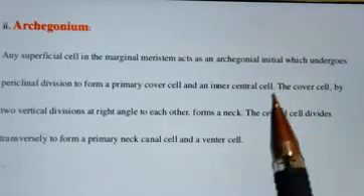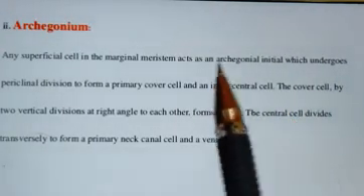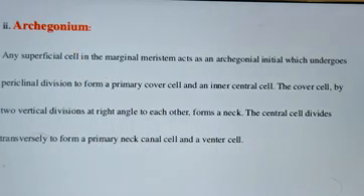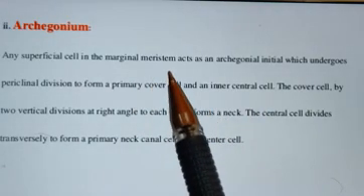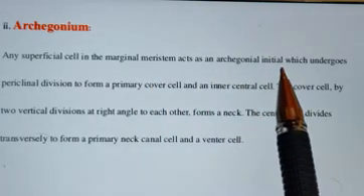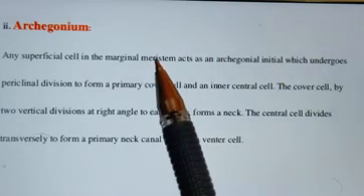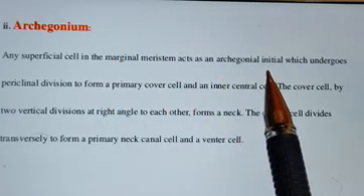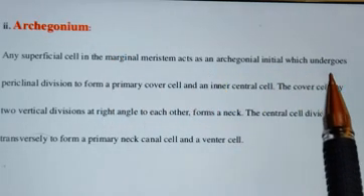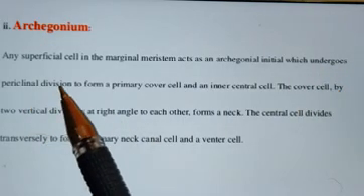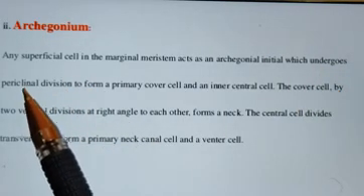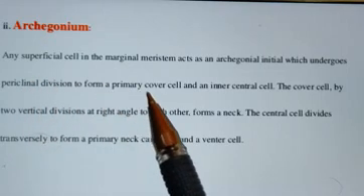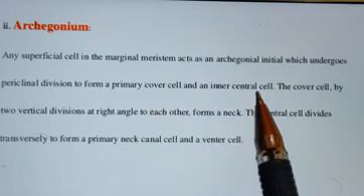Okay, archegonia. A superficial cell in the marginal meristem acts as the archegonial initial, and here also a single superficial cell is responsible for production of the archegonium. The initial undergoes periclinal division, and periclinal and anticlinal you can understand, to form a primary cover cell and an inner central cell.